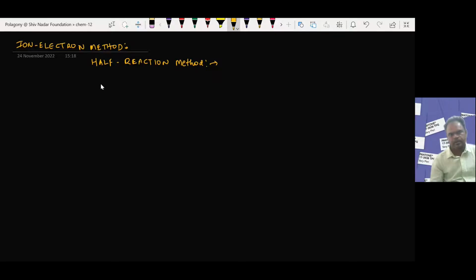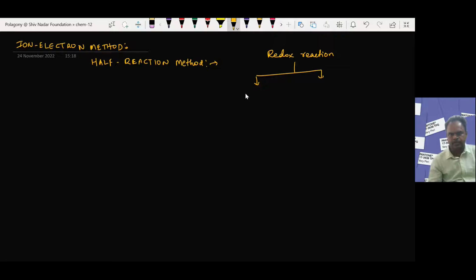This is the ultimate method we can use for balancing chemical equations, by dividing the complete redox reaction into two parts.